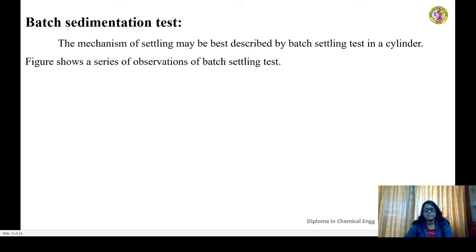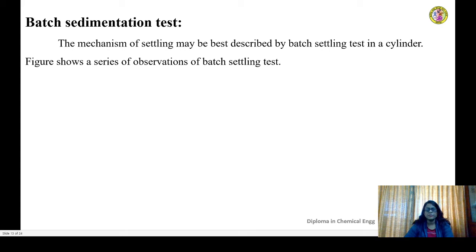Those observations will later be analyzed mathematically to design the equipment in which the settling or sedimentation is to be carried out. So the design of thickeners requires this batch sedimentation test and its analysis to design a particular thickener equipment.